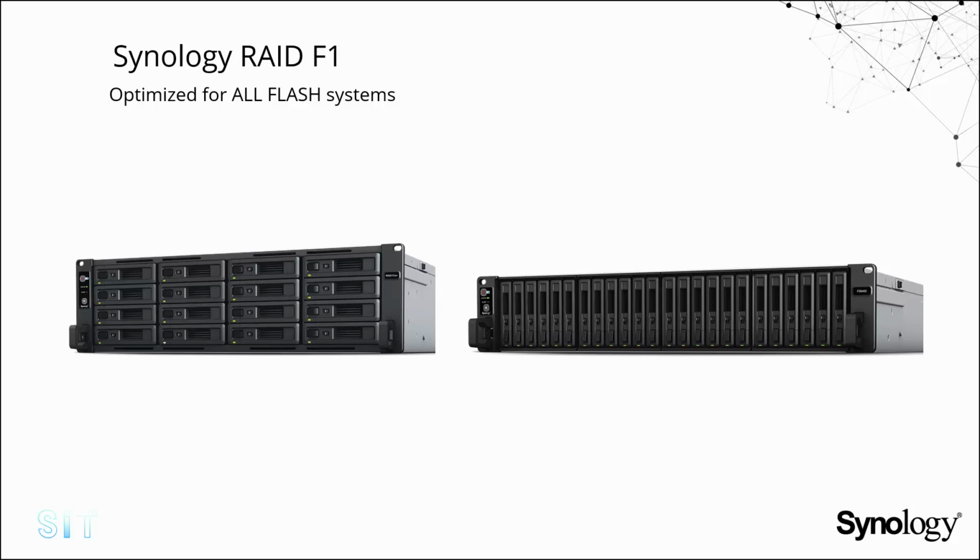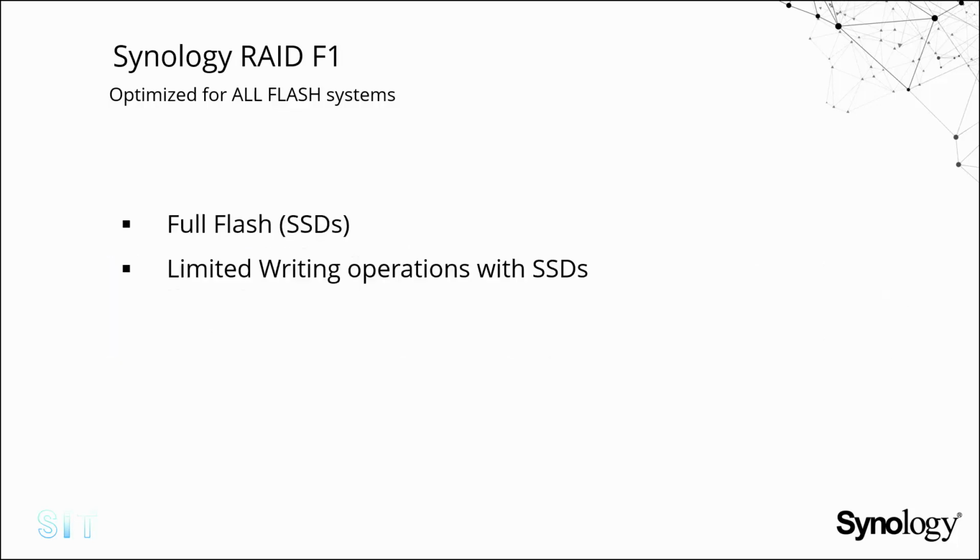In addition to the flexible SHR for RAID for home and SMB users, Synology also offers solutions for enterprise users. For SSD-only systems, so-called all-flash systems, the classic RAID types are not always the right choice. The classic RAID types are designed for HDDs and always put the same amount of load on the hard drives. However, this even load is not ideal for SSDs, as they have a predefined number of write operations or a very specific amount of data with which they may be written to at most before they will surely break down.